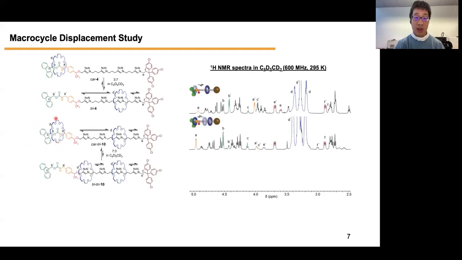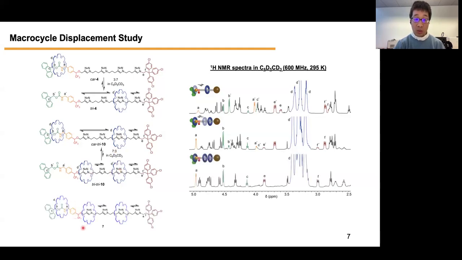And when we equilibrated this species with two macrocycles, then the distribution gets inverted. So it's 7 to 3 now, but still some pumping can happen. When we dissolved this species with three macrocycles, we observed only one species, so no more pumping could take place, and that's because this catchment thread was already full with two macrocycles.